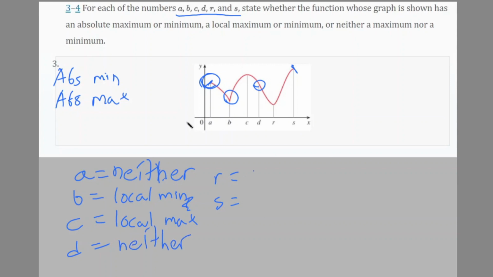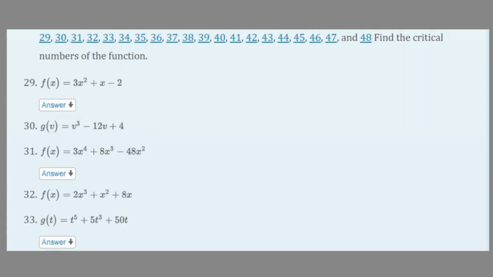And then R is going to be absolute minimum. And then S, as we talked about, since it's at the end of the interval, it could still be denoted as absolute maximum. Absolute maximum.